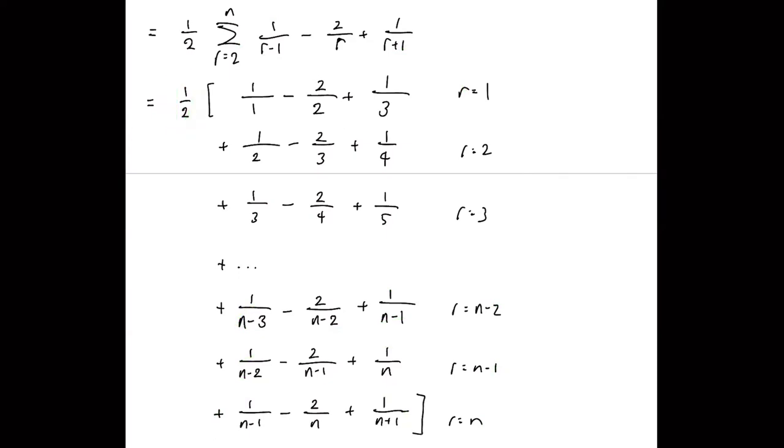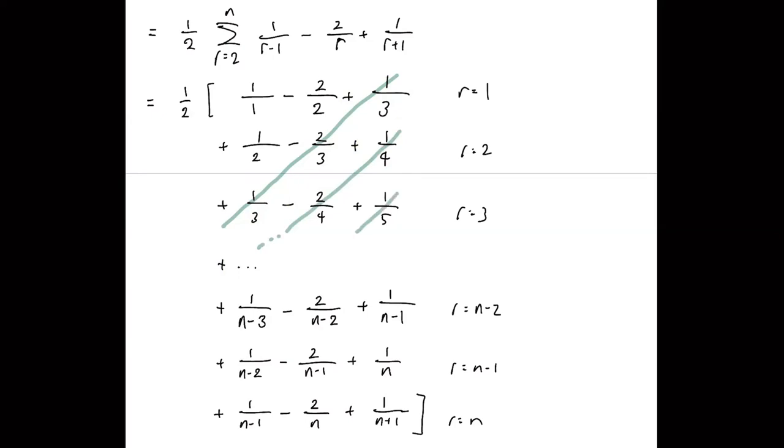Anything to cancel. Let us see. Here, plus 1/3 minus 2/3 plus 1/3 again. That just cancels off, right? Because this makes up 2/3, that's a negative 2/3. So we can cancel them off. Likewise, you have a plus 1/4, minus 2/4, and a plus 1/4 that's not written down when r is equal to 4, but we don't have to write it down. We know it's there, so we just cancel off.